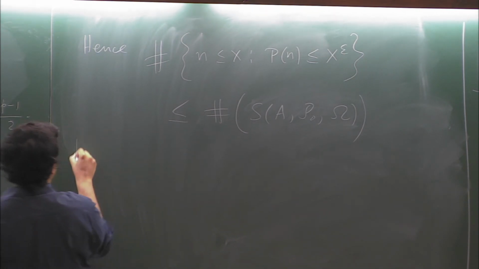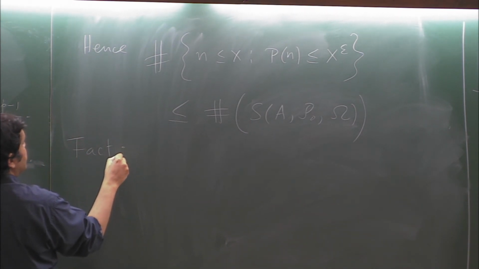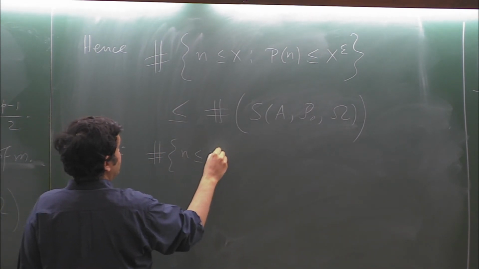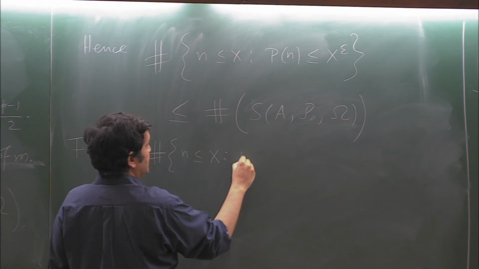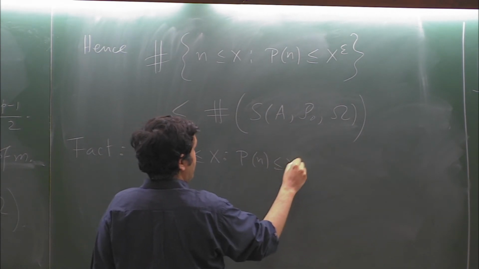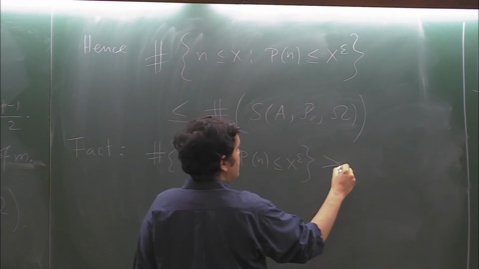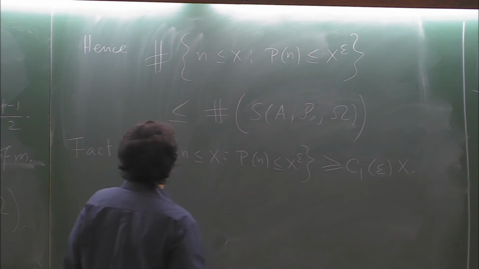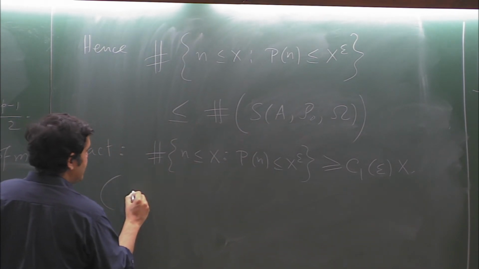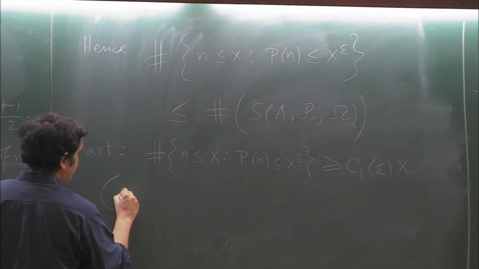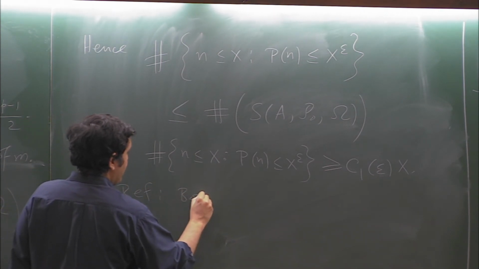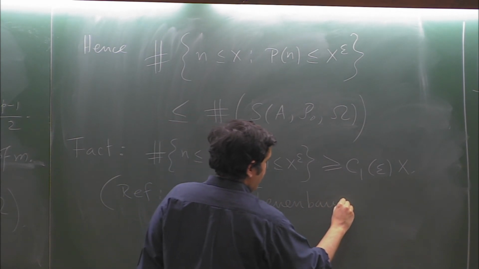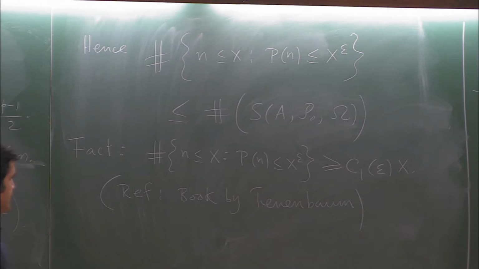Now a standard fact is that the size of this set of x to the epsilon smooth integers is bounded below by some constant C1(epsilon) times x. So this is a standard fact. For example, you can look at a book by Tenenbaum or any source on smooth numbers.